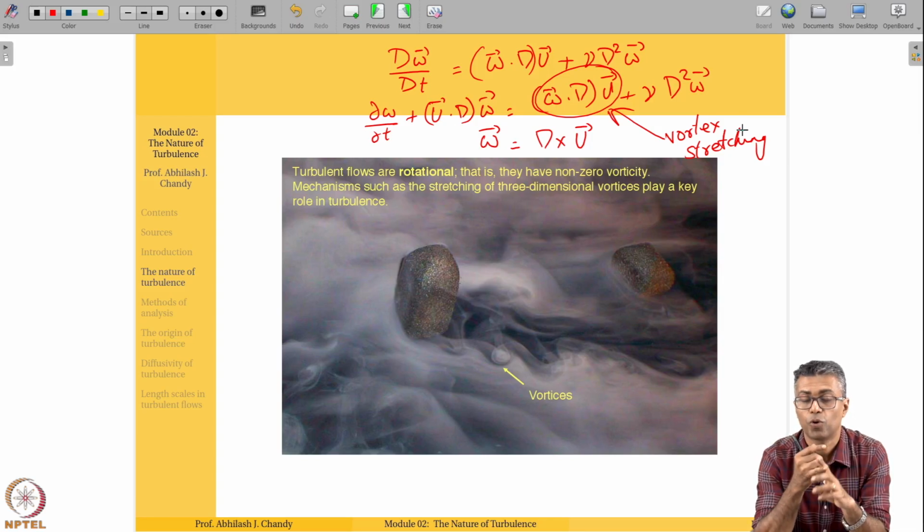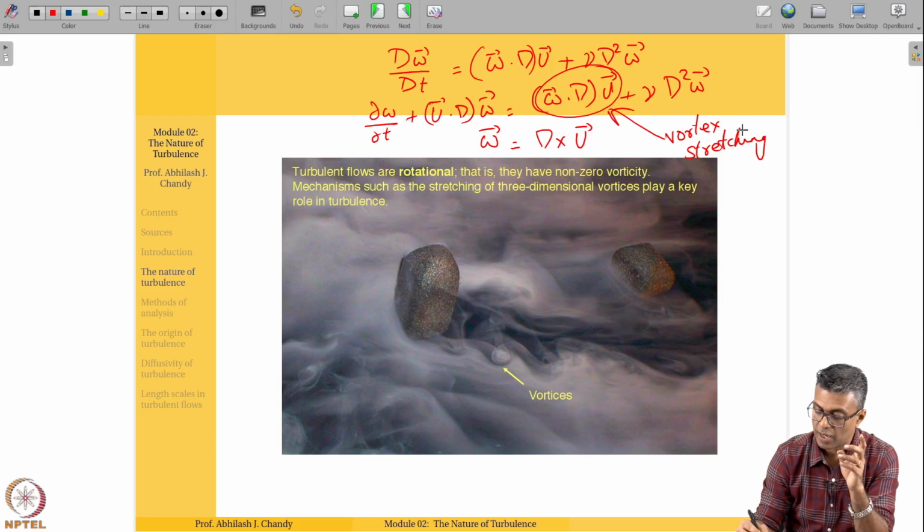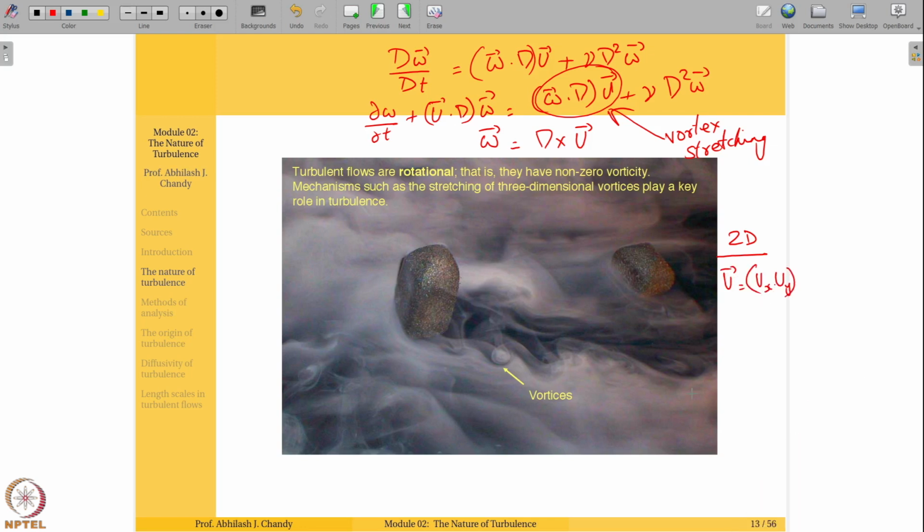So for 2D flow, the velocity vector is ux and uy, and then omega is purely just omega z, in which case the vortex stretching term goes to 0.